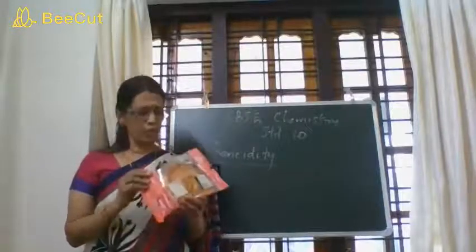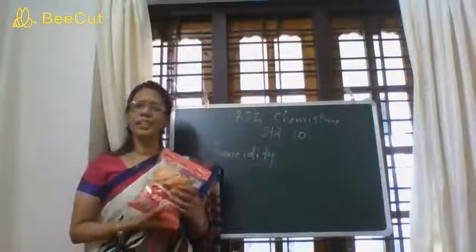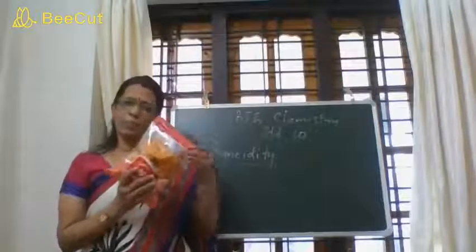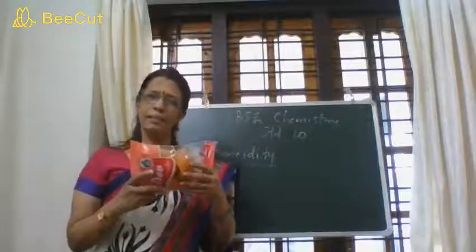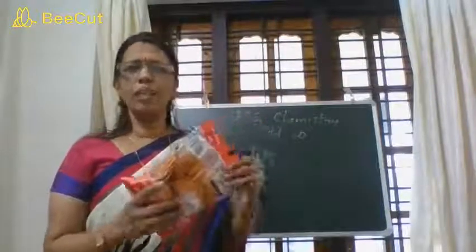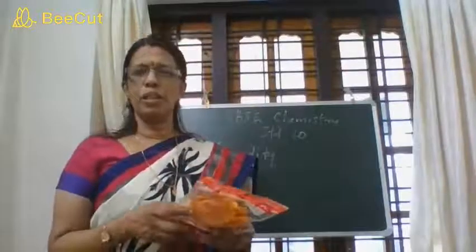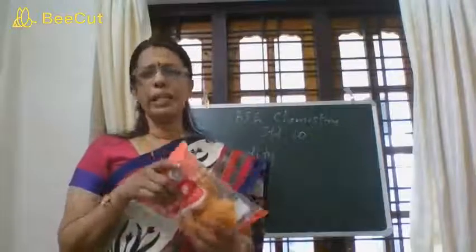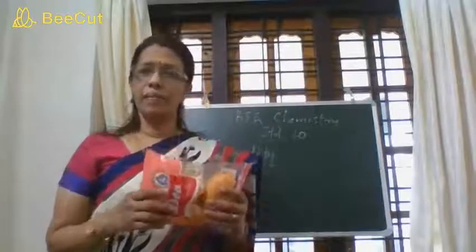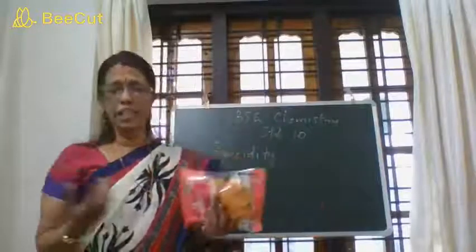And this is also murukku. This is kept inside a plastic cover. Here it will last for one month or two months. There will not be any change in the taste of the murukku or chips. What is the reason for that?